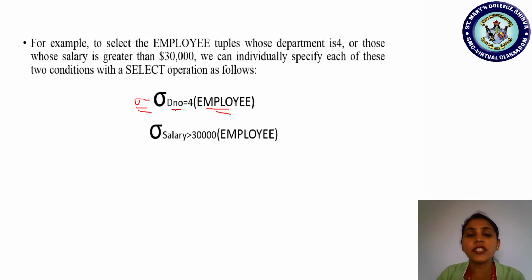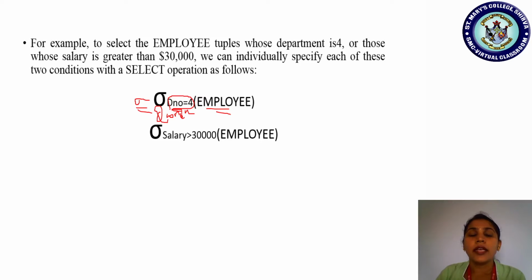So what is the condition that is given here? The qualifying condition is which one? Department number 4. So in the employee relation, select from the employee relation, which is a condition here. What is the attribute? Where DNO is equal to 4.